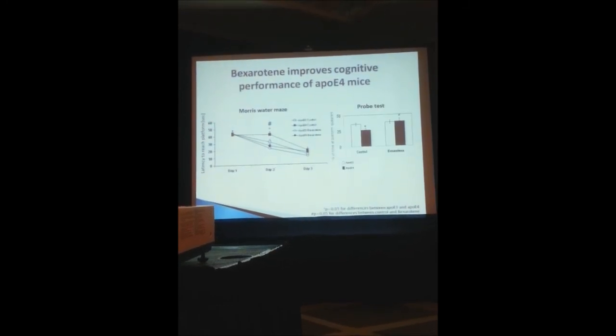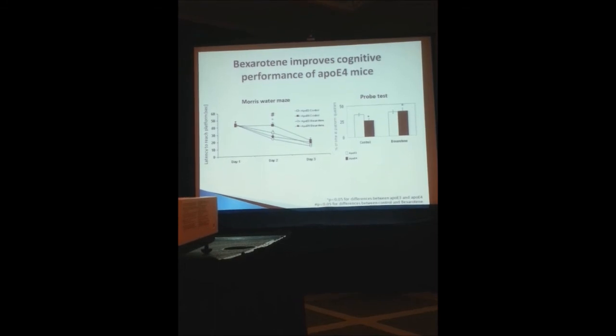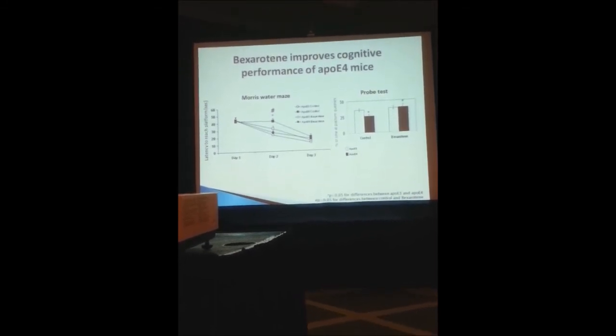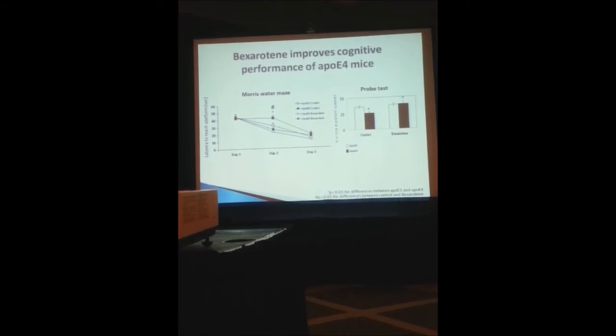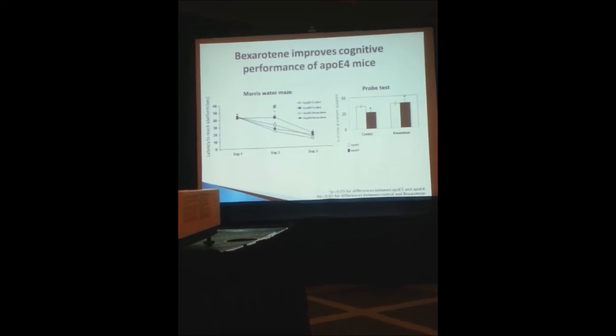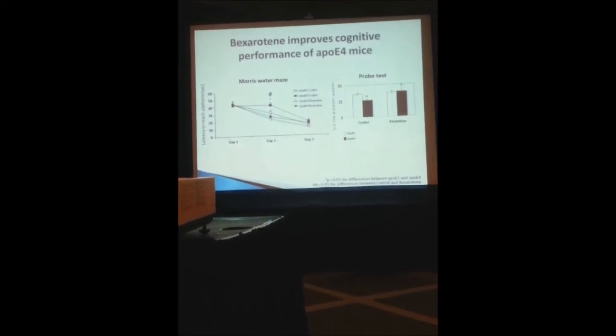We did a probe test in this case, and we see that while in the control mice, the ApoE4 mice swim pretty randomly according to where the platform was, when giving Bexarotene, they seem to be more goal-targeted to the platform coordinate, meaning they swim in that place as do the ApoE3 mice.